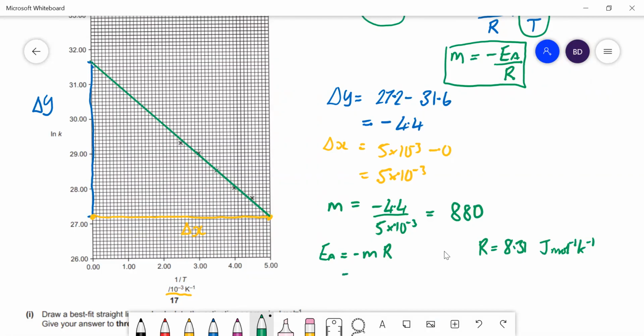So that's going to be equal to minus, oh, the gradient is minus, sorry. Minus 880, so let's make it a plus. Activation energy has got to be positive, times 8.31. That gives us 7,304 joules per mole.